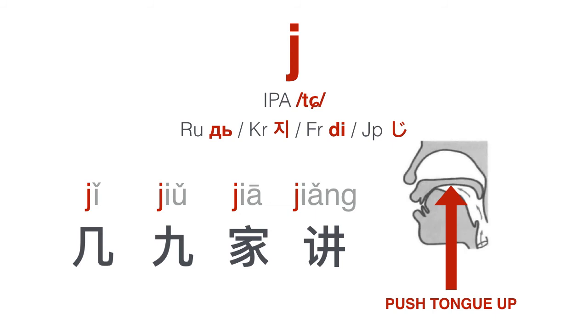The word for home or family is 家. It's not jia, it's jia. The tip of the tongue needs to be pushing against the hard palate. And finally, the word for to speak is 讲.